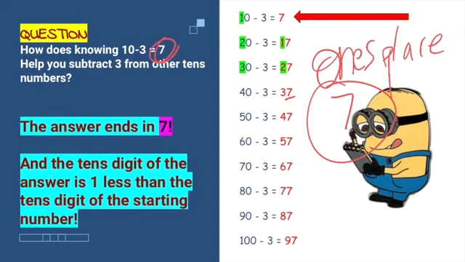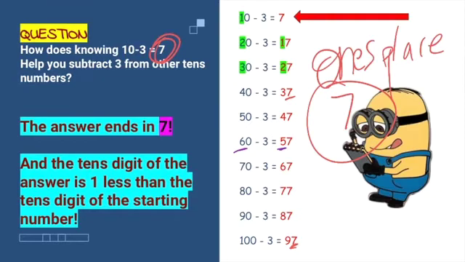That's a pattern that will help us. Knowing our base equation of 10 minus 3 equals 7 will help us do 100 minus 3, 90 minus 3, 80 minus 3. We know in the ones place, it will always be 7. And the tens digit of the answer is always 1 less than the tens digit of the starting number.